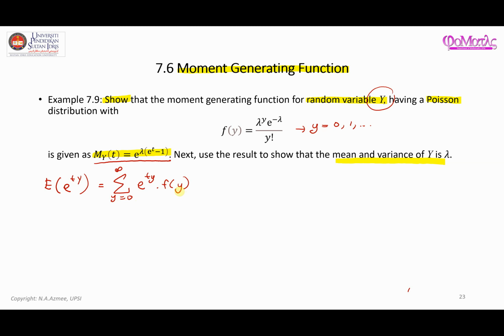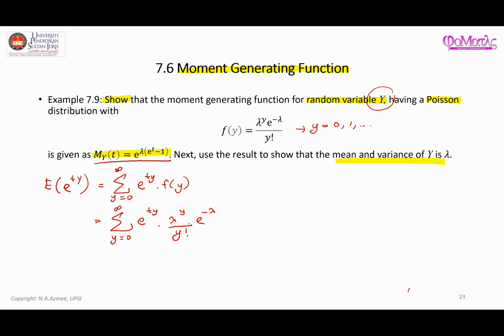Now we're going to substitute this with the appropriate probability distribution. So here it will be the sum over y equals 0 to infinity, e to the ty, times lambda to the y, e to the negative lambda, over y factorial.